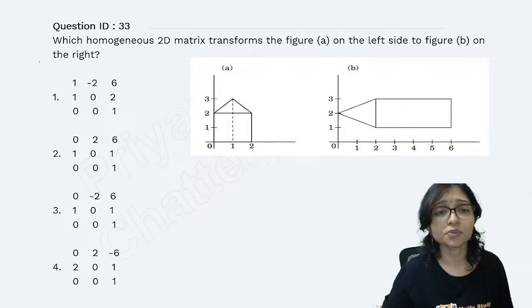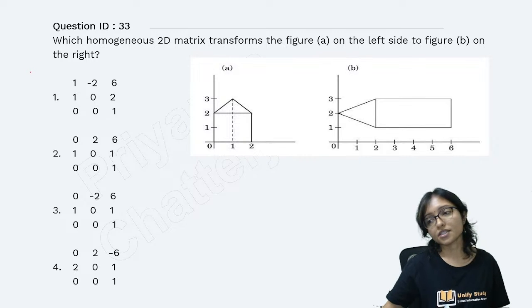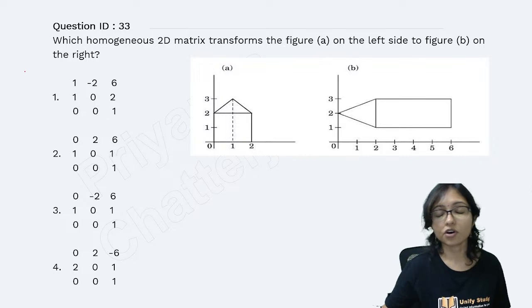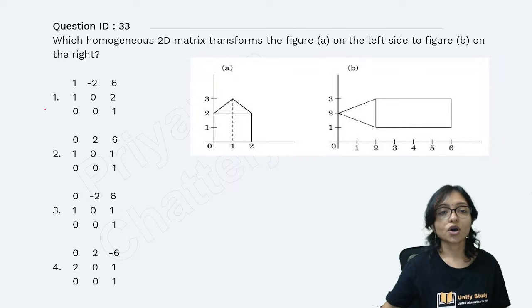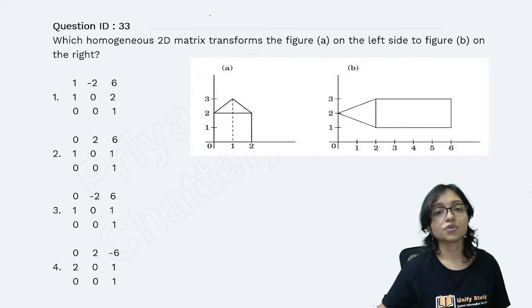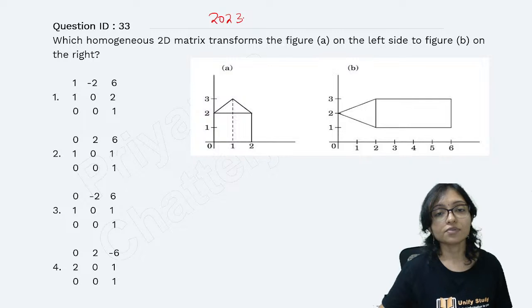Yes, now here is another question. This question we also did previously, but today we are doing revision of all the questions, as I told, all from 2023 to 2018 we will cover.